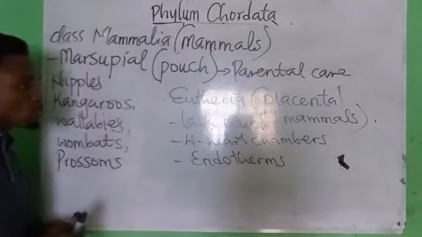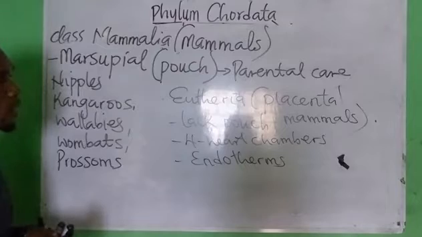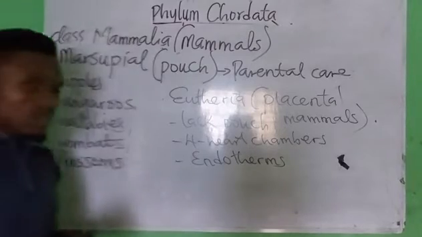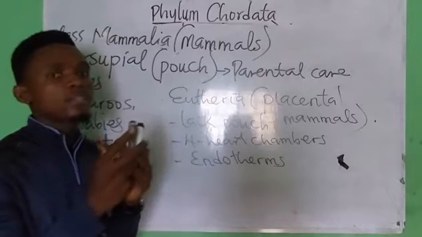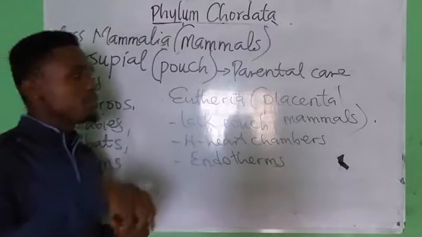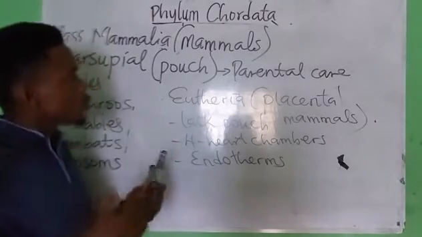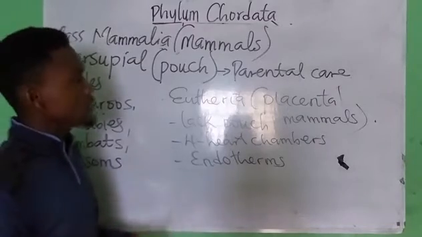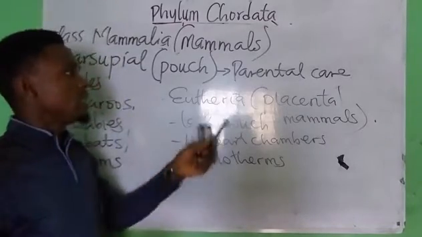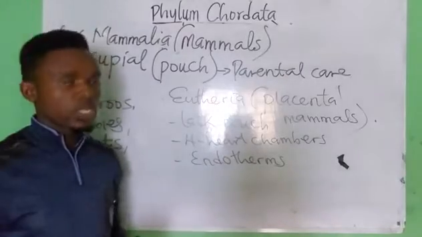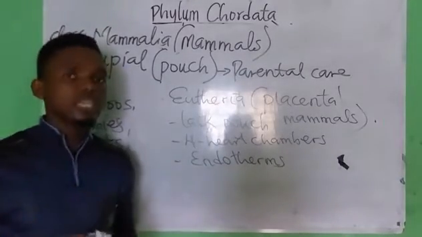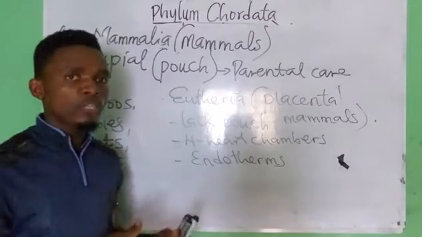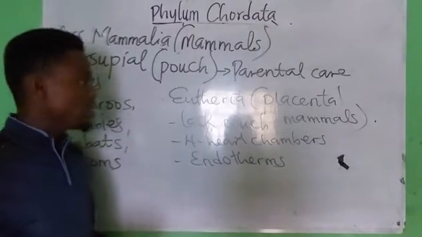And of course they have placenta, which means that development of young ones is actually in the fetus, not outside the body. So which means that fertilization is internal. All right, they are viviparous. It means that they do not lay eggs. They are non-egg laying mammals.